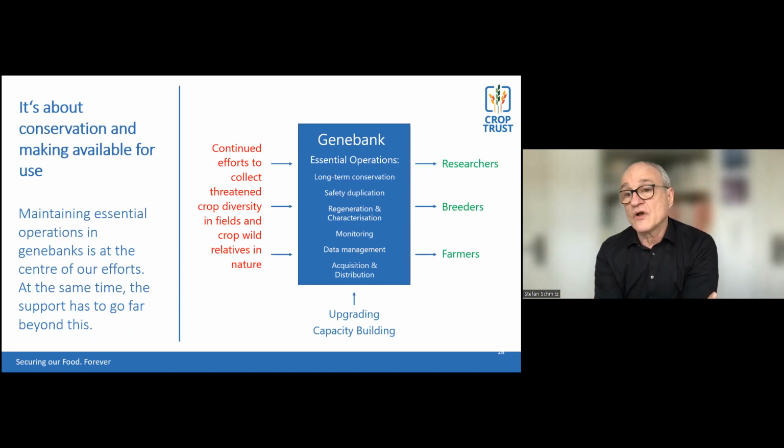But with all of that, of course, we do not want to create museums of crop diversity. We need to make sure that everything in the gene banks is made available for researchers, for breeders, but also directly to farmers when it comes to repatriation of resources to the fields.